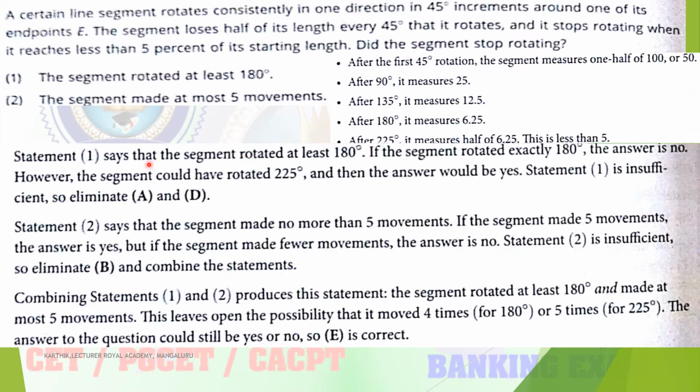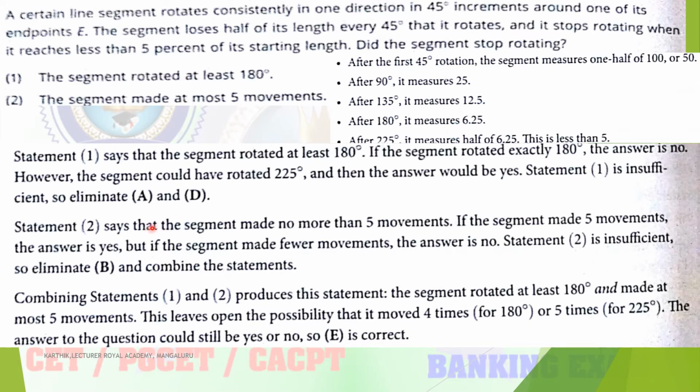If the segment rotates exactly 180 degrees, the answer is no, because it is more than 5%. However, the segment could have rotated 225 degrees, then the answer would be yes, because that is less than 5%. So the first statement is insufficient to answer the question.